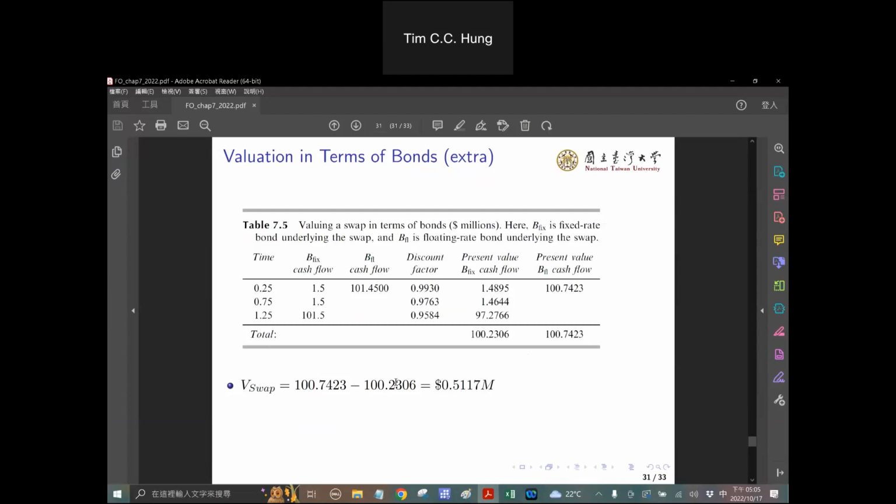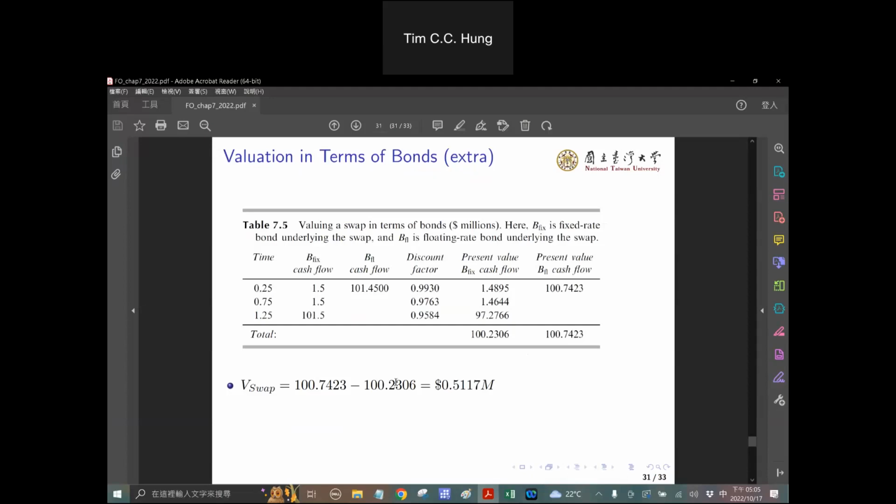At the same time, it was mentioned that 6 months ago the LIBOR rate was 2.9%, semi-annually compounded, so the payment should be half of it, 1.45%. 1.45% of $100 is $1.45. So the floating bond has a value of 101.45 in 3 months.